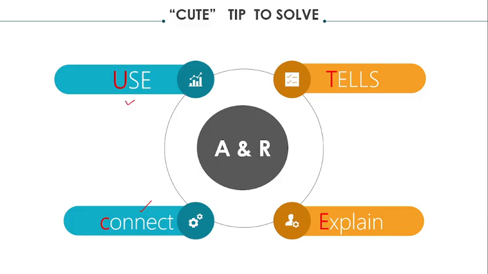That means the reason is used in the assertion, like a formula or anything. T for Tells. The reason tells about the assertion or explains the assertion. So we can follow these steps to find whether the statements have a connection between them.